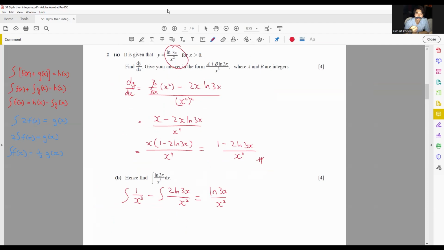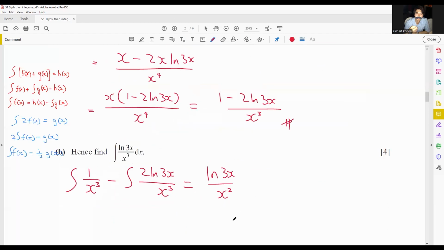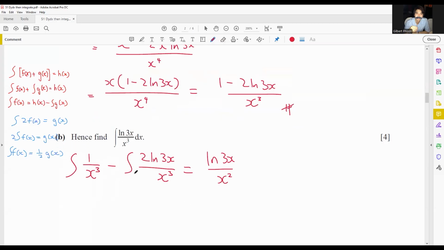We're just rewriting back the question from earlier. Now, same like previously, we are actually going to bring this 2 out later. So integrating for this, you would have gotten 1 over x squared, then bring the negative 2 down. Then this will actually be negative 1 over 2x squared. Then minus the 2, brought to the outside, 2 integrated ln 3x over x cubed is equal to ln 3x over x squared, like so.